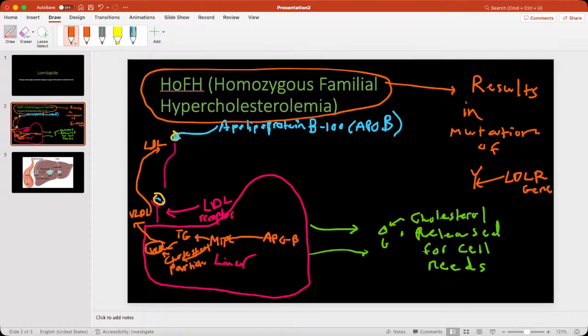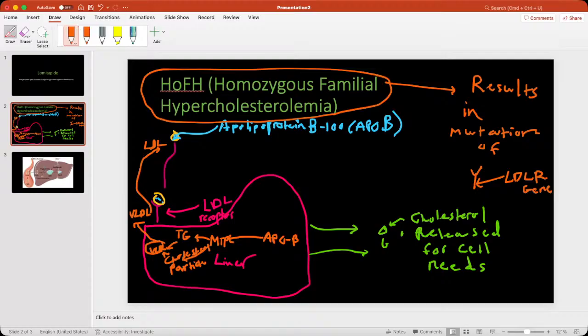And then usually, whenever cells need some cholesterol, the LDLR receptors out there on the liver would collect that LDL particle and then break it down and form free cholesterol, which is released for the cell's needs.